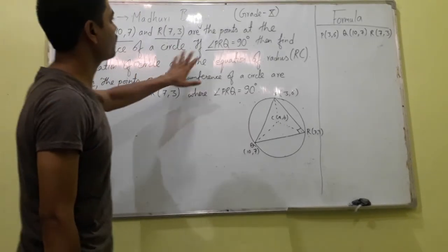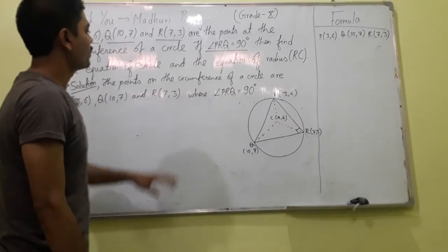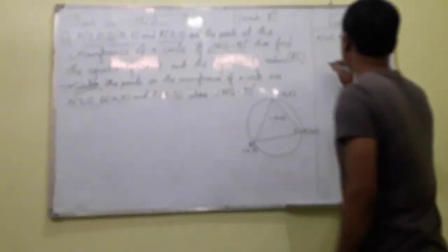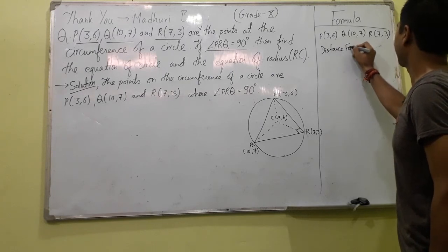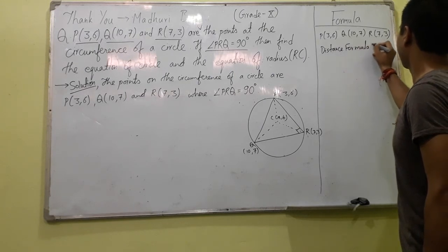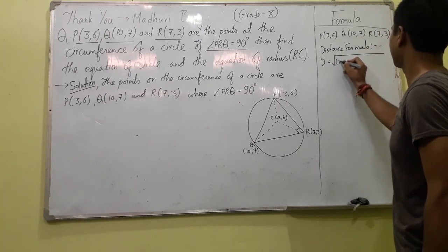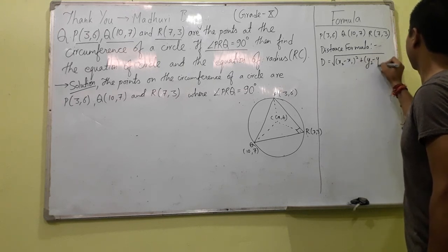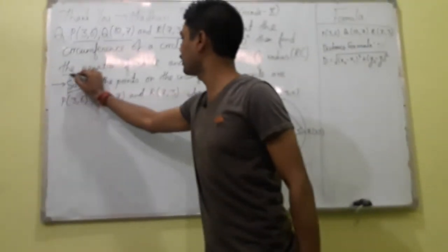So this question is from grade 10 and mostly grade 10 students must know some points while solving this question. One is the distance formula, and another is to find the equation of circle, because there is a word to find the equation.